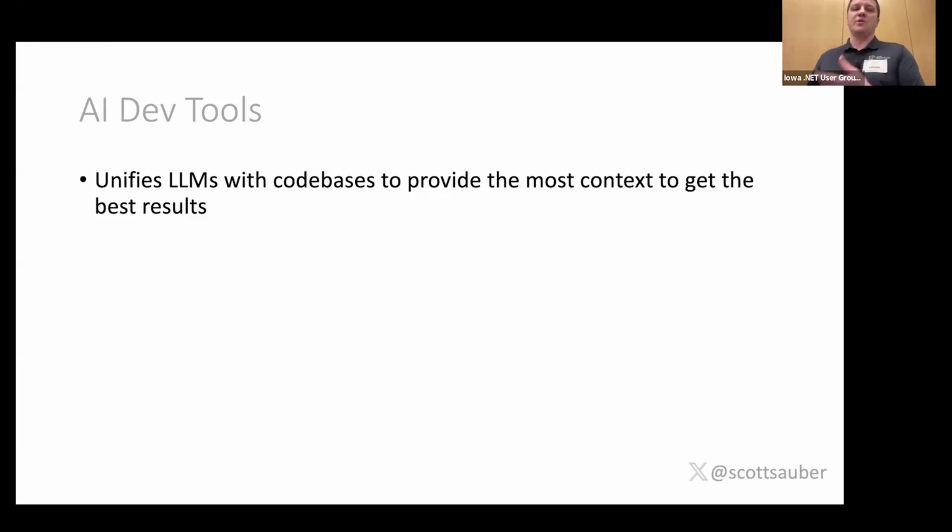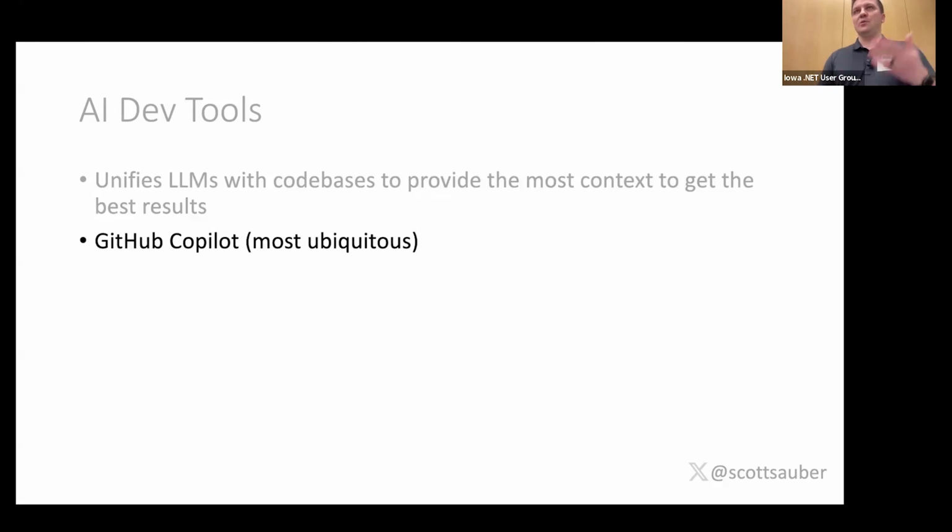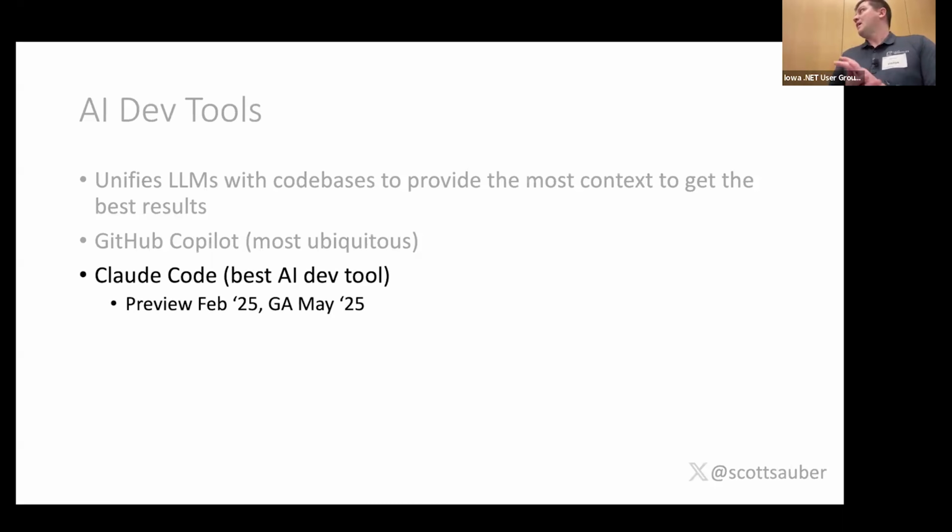You can just ask it kind of generic questions. So it combines those things to get the best results. And this is what was reflected here. GitHub Copilot is by far the most ubiquitous that I see in the market, especially in enterprises, because a lot of you are using GitHub already or have Microsoft licenses. So it's really easy to use Copilot.